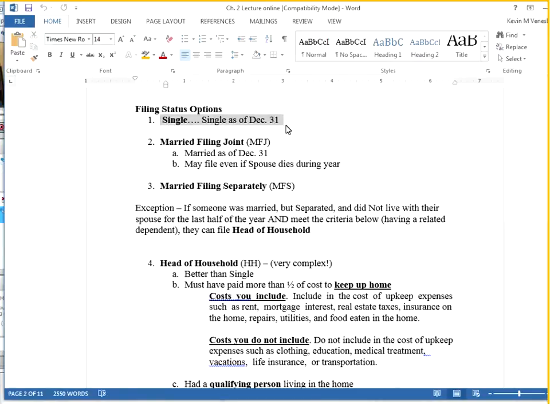The one thing I did want to draw your attention to is what your filing status is as of the last day of the year. It doesn't matter if you were single the entire year and then you got married on December 30th or December 31st. If you got married that last day of the year, you're considered married for the entire tax year, even though you weren't for 11 plus months.